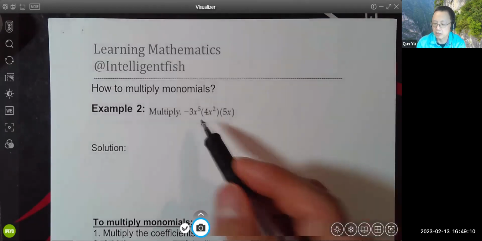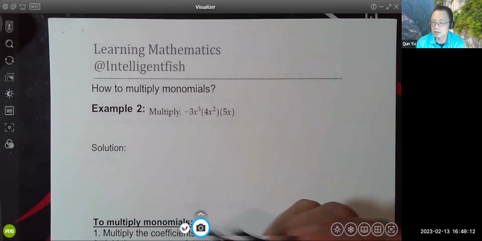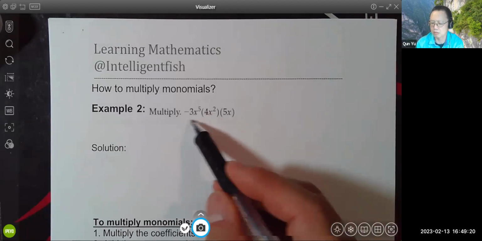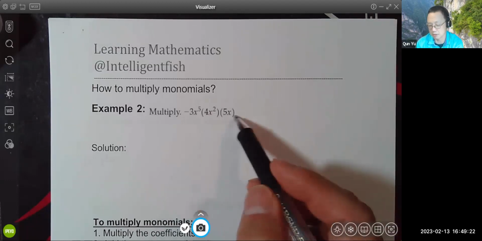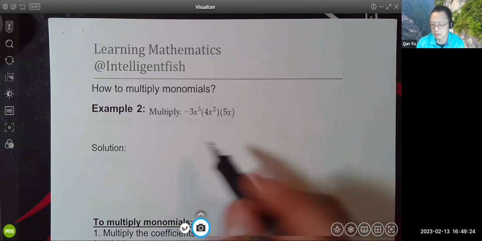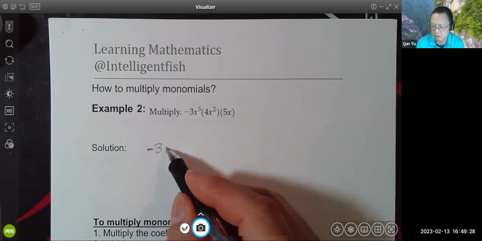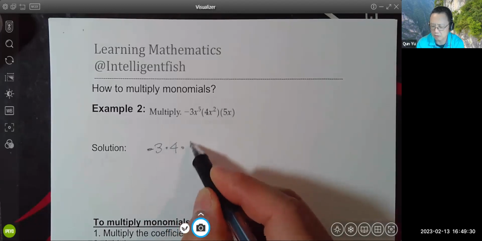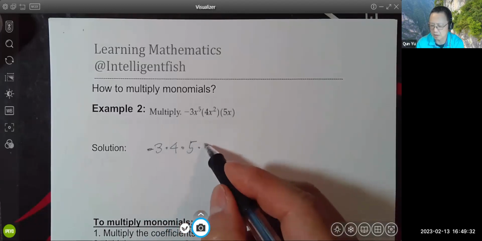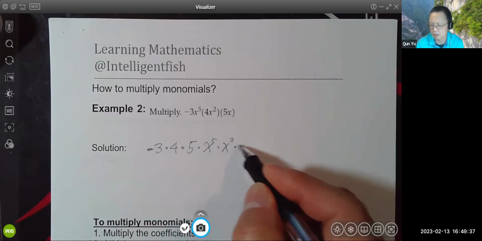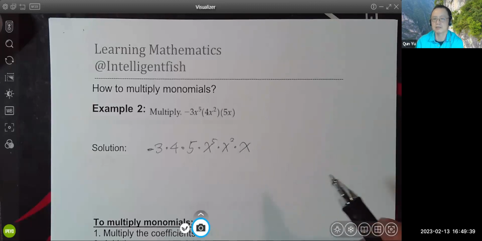Now, we all know that in multiplication, order doesn't make any difference, right? 2 times 3 equals 3 times 2. So for that reason, we can put all the numbers together because they all multiply together, no matter the numbers or variables. So negative 3 times 4 times 5, then times x to the 5th, times x squared, times x, because order doesn't make a difference.